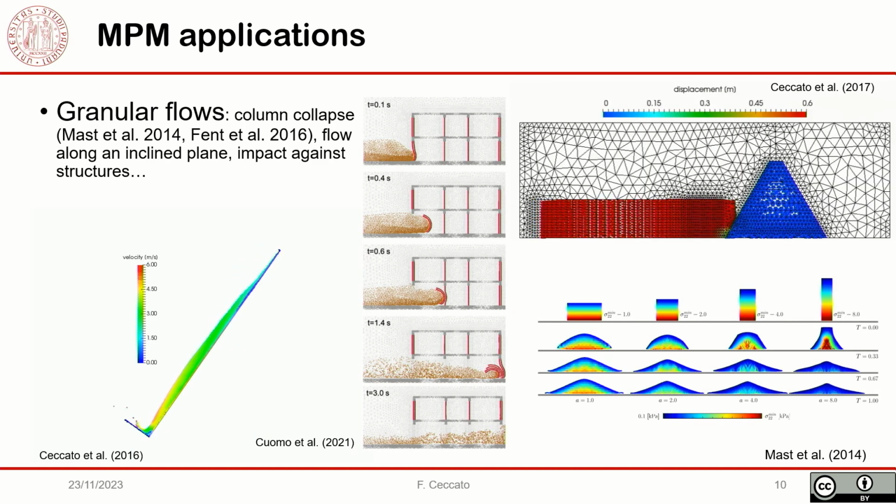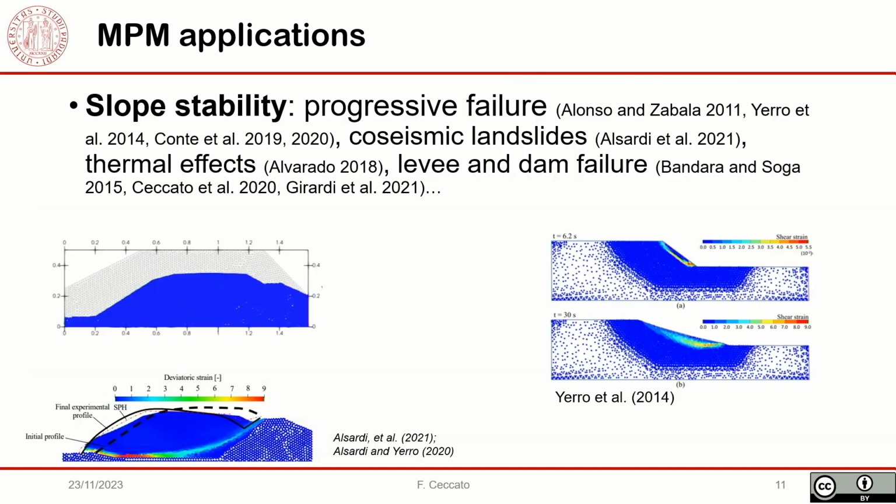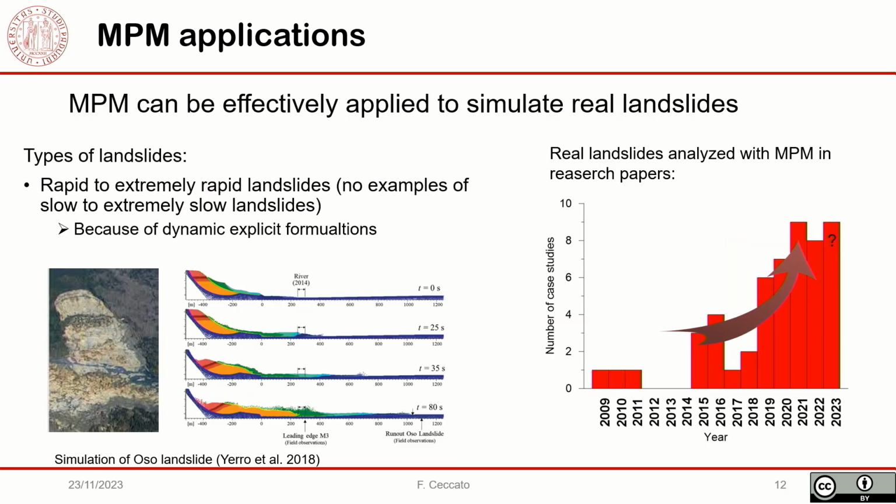Examples of application are, for example, granular flows, also impacting structures, slope stability. This is nice because we can simulate the progressive failure of landslides, co-seismic landslides, dam and levee failures. And I think this is a very promising field because in this chart I put the number of real cases.